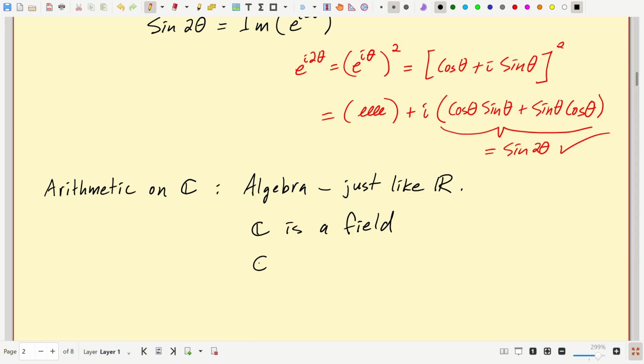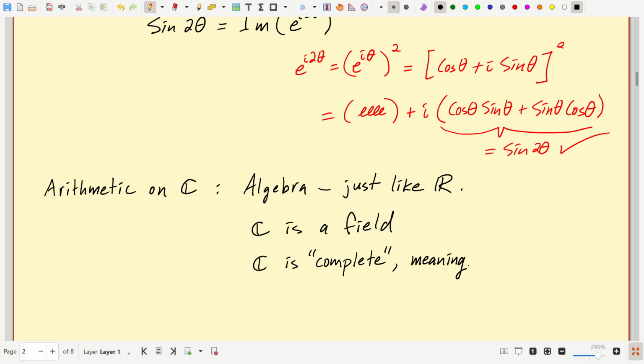Also, C is complete. That's a fancy word in analysis. If you took Math 341, you learned that the real numbers are complete, which means that every Cauchy sequence has a limit. That's a very critical thing for the real numbers.